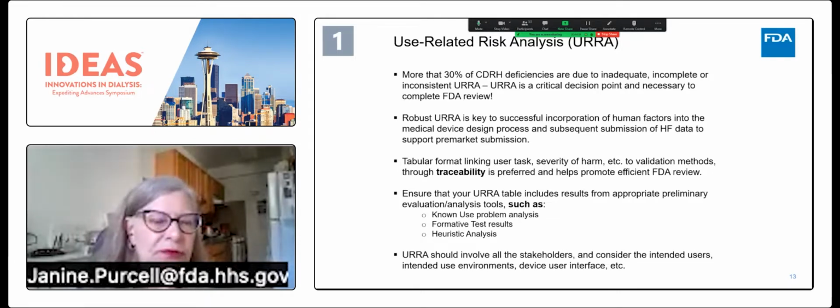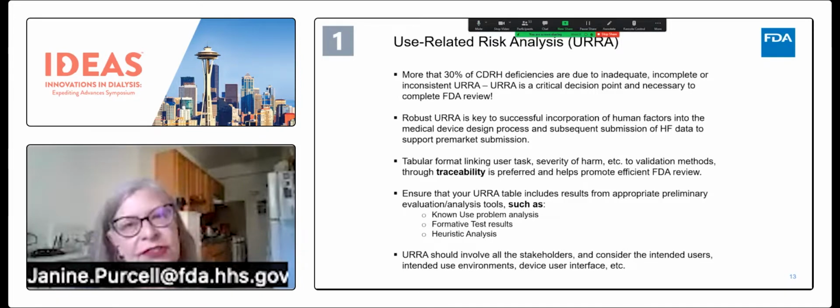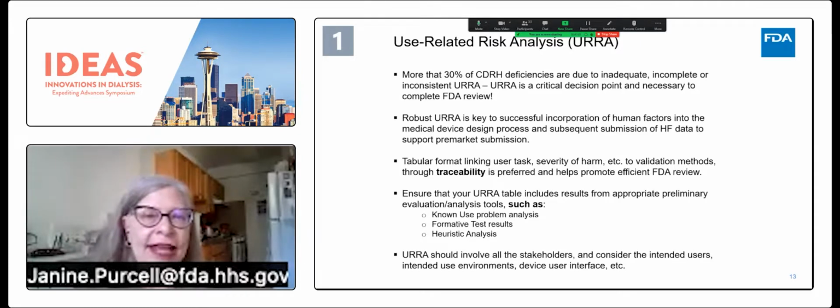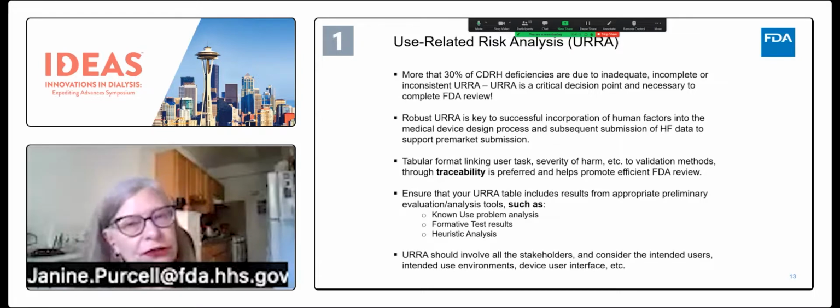The other thing that feeds into the details of your use-related risk analysis are formative usability tests and formative analyses, and that is less formal usability tests where you have people simulate use of your device and observe the errors that occur, and then you're still in the development phase very actively refining the design of those risk control measures to be effective.